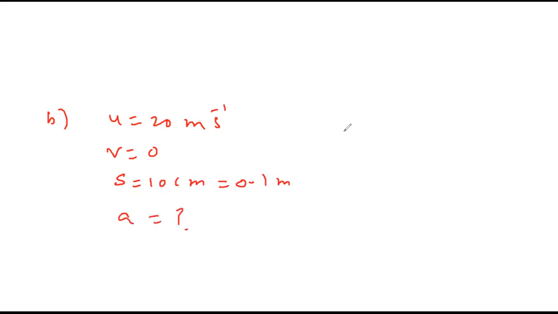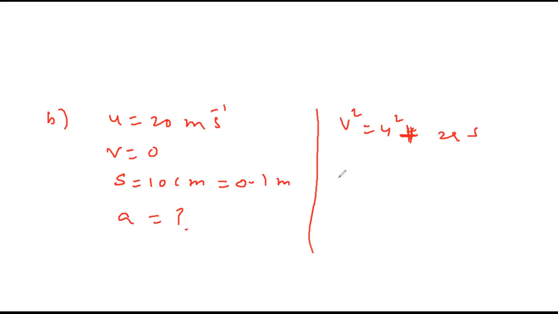A bullet is moving with initial velocity of 20 meter per second. Strikes the target and comes to rest, means finally zero. After penetrating a distance of 10 centimeter, that is 0.1 meter. Calculate retardation. Can you do this? v square is u square plus 2as, right?